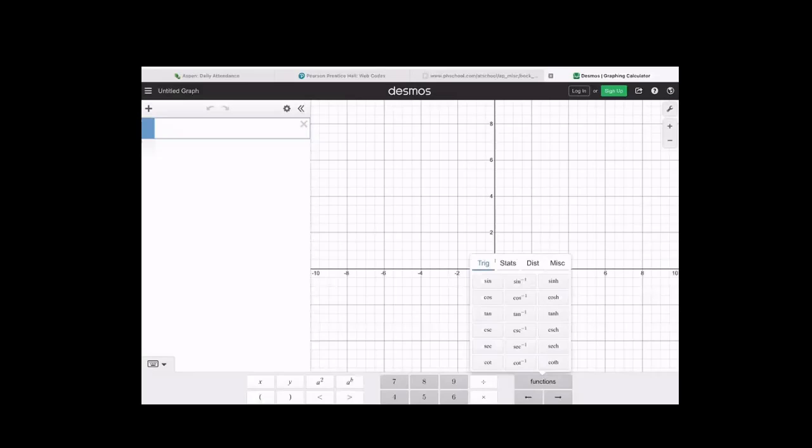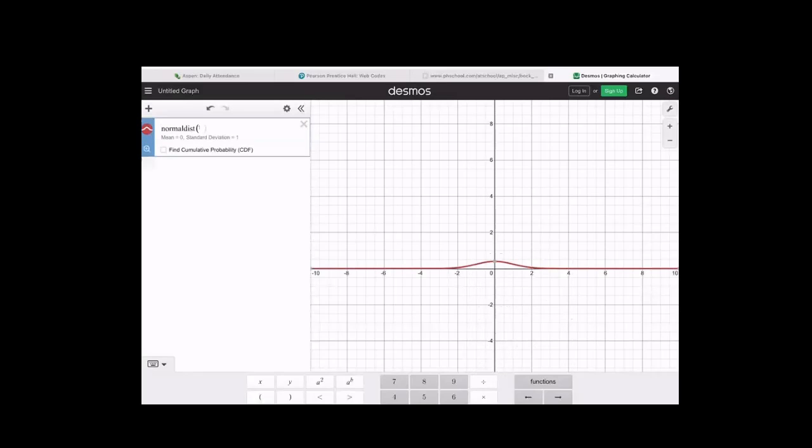I'm going to go to functions, distributions, normal distribution. The mean here is 188. And what was the standard deviation? 24. Yeah. Okay, I'm going to find the cumulative.